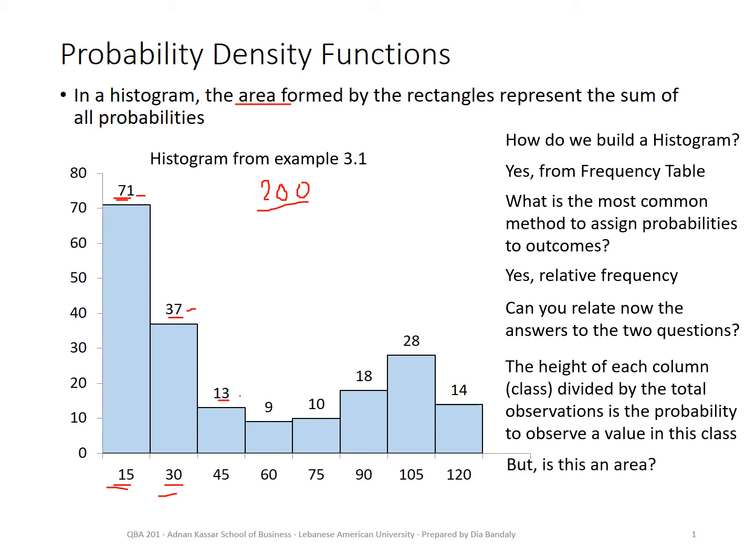When we talked about the height of the column, did we describe an area? No, of course not yet. But we are almost there, right? Because the height of a rectangle is one element of calculating the area. So let's see where I'm going to reach here.